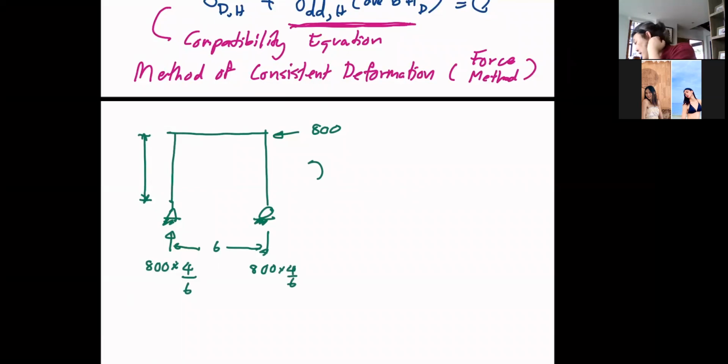So now we need to break this into portions, and we also need to have 800 here. Now when I look at the first piece, let's give it some names: A, B, C, D. Instead of drawing the free body diagram and bending moment diagram, now you need to write the moment equation.